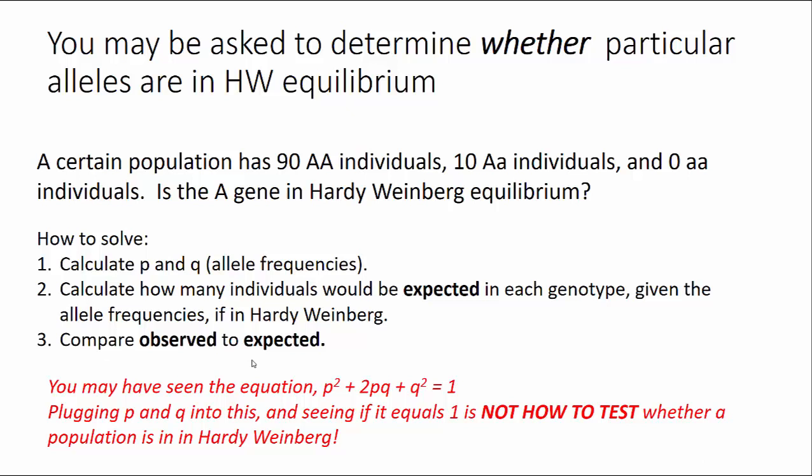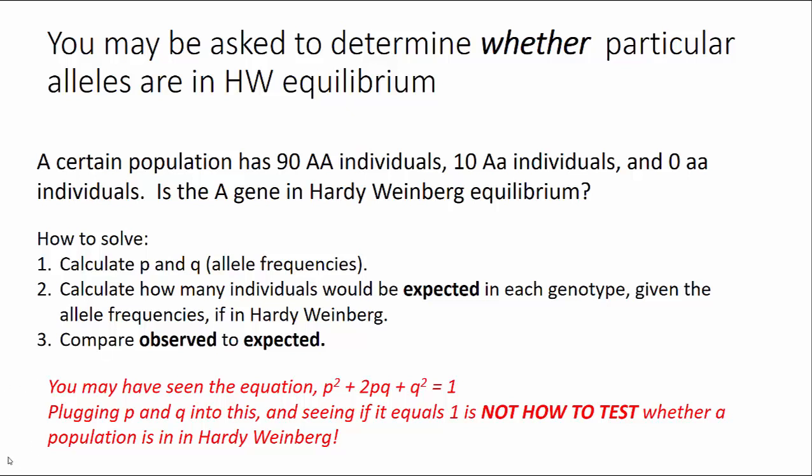So the steps that we will go through to solve this problem are first to calculate the allele frequencies P and Q, and then to calculate how many individuals would be expected if those particular alleles were in Hardy-Weinberg, and then we will compare the observed and the expected numbers to see how similar they are.